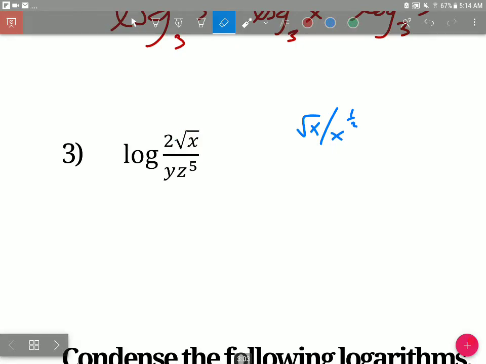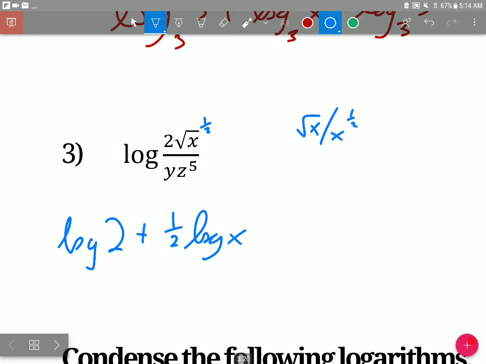You need to be able to see that root as a 1/2. So when we expand it, it's log of 2, positive because it's on top, plus 1/2 log of x, positive because it's on top, minus log of y, minus 5 log of z. Cool?